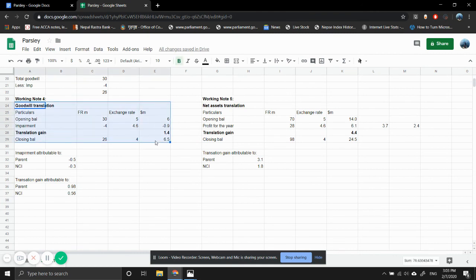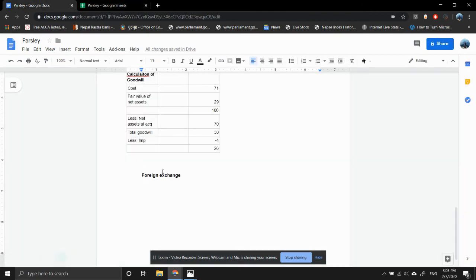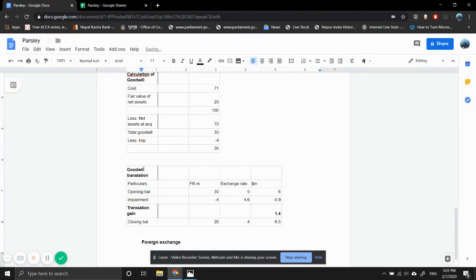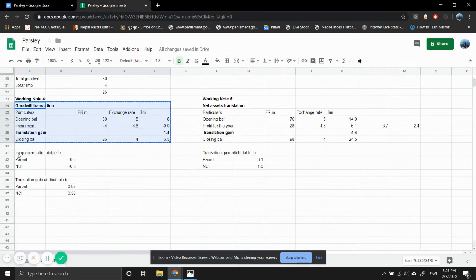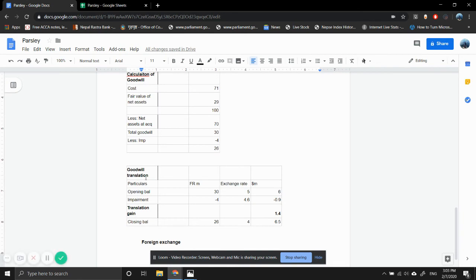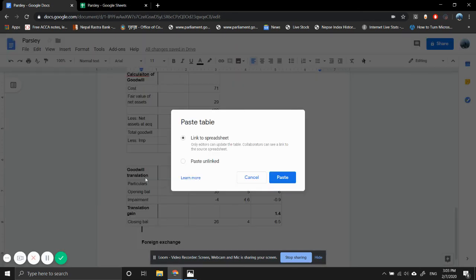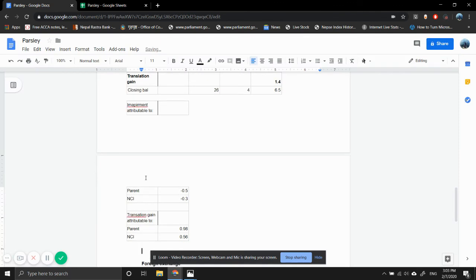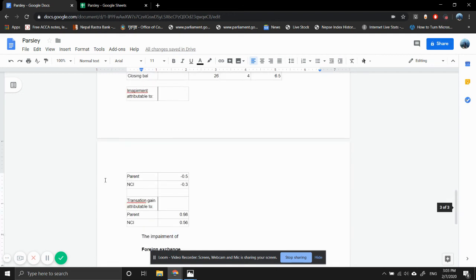Translation. Right. So the impairment, what is it? 0.9, right?